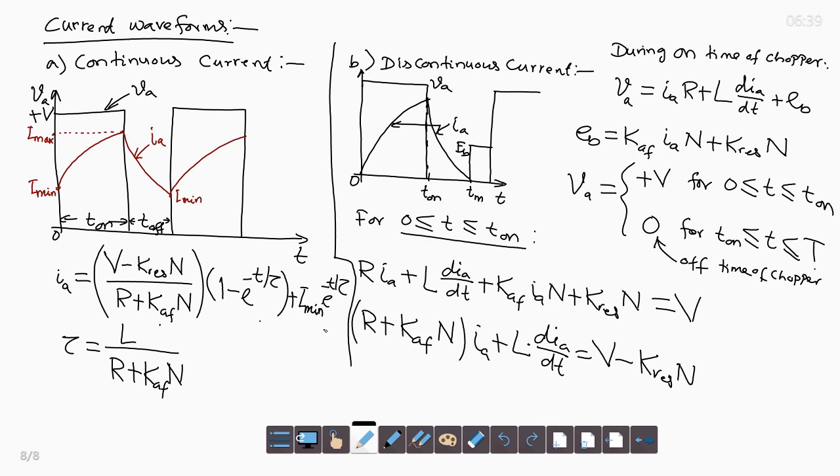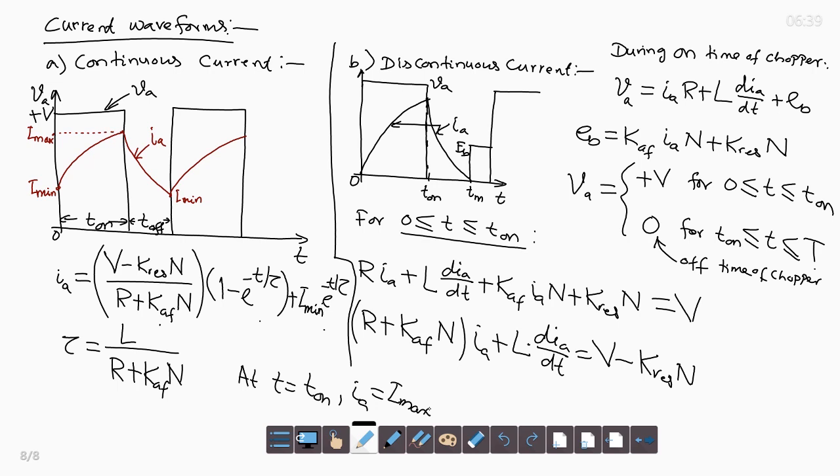So in this expression, if you put t equals t on, you will have IA equals I max, the maximum value of the current, as indicated here.